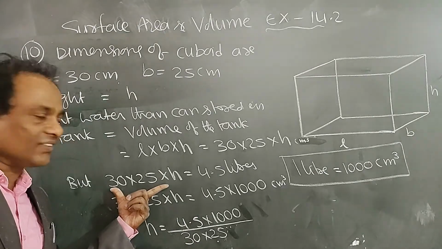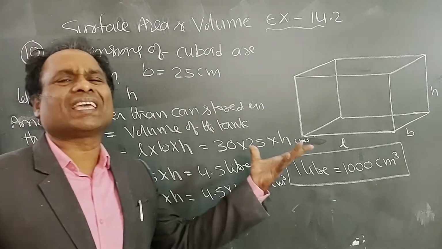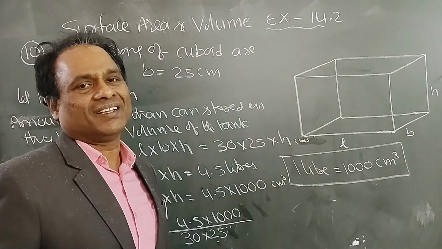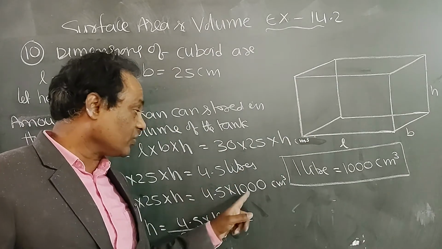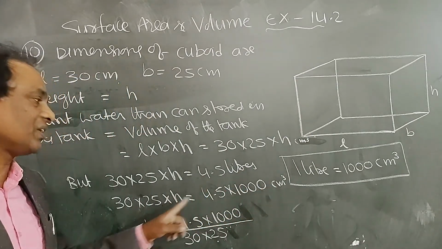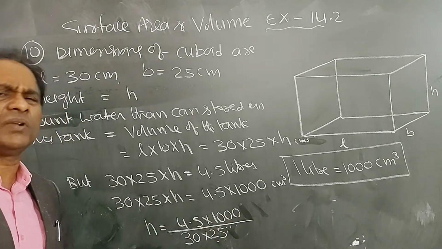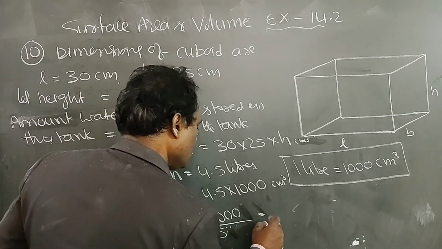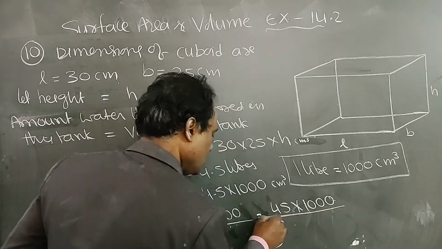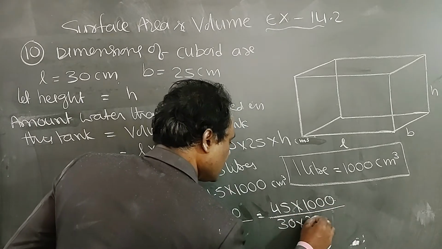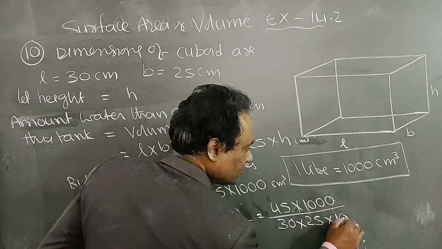See, volume of tank is length into breadth into height, but the volume of the tank is already given. Volume of tank is nothing but how much water we can store in it. So this much water, but liters into 1000 converts into centimeter cube. So h is equal to 30 this side division, 25 this side division. Do the simplification, students. 45 into 1000 by 30 into 25 into 10, if you remove the decimal, we get 10 in the denominator.